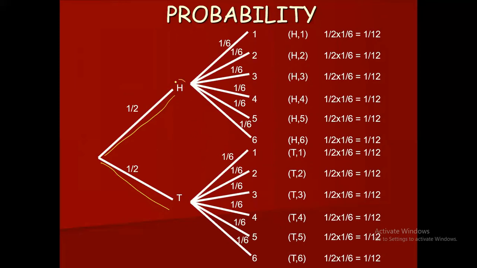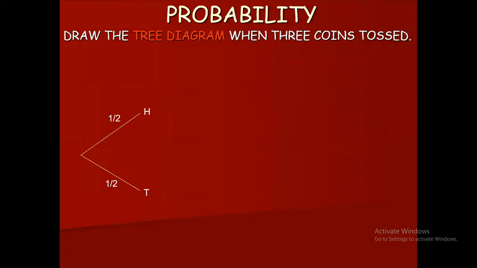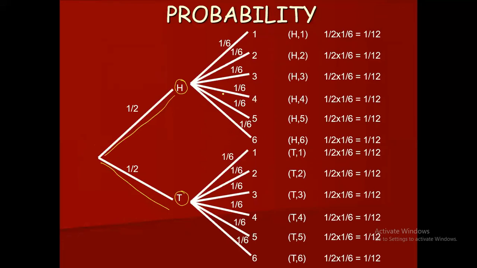We will write down the outcomes at the end of the branch. We will write down the probability of the outcome at the middle of the branch, just like this. Now, the next experiment is to roll a die.